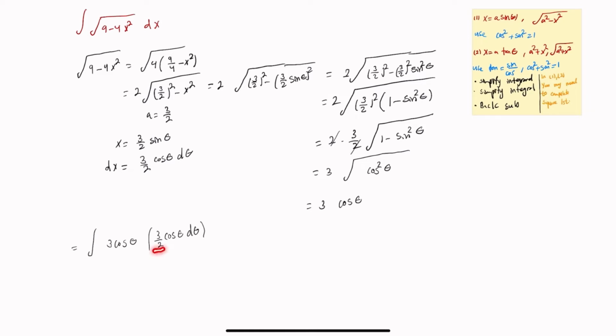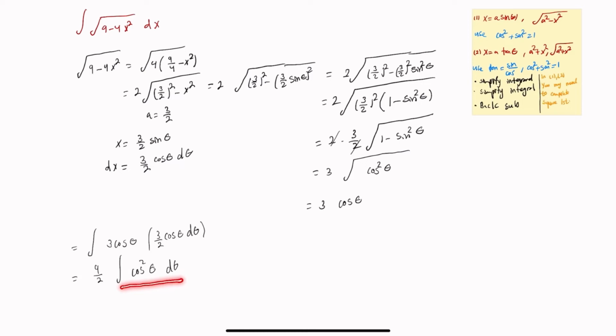First, I'm going to pull this constant out of the integral, and then I'm going to multiply this cosine by this cosine. So we're going to have 3 multiplied by 3, it's 9, and then over 2. Then we have the integral of cosine squared of theta d theta. Now we want to find the integral of cosine squared of theta d theta.